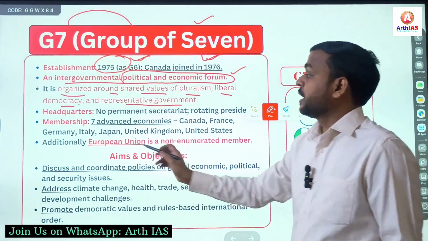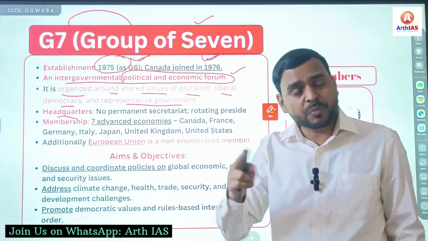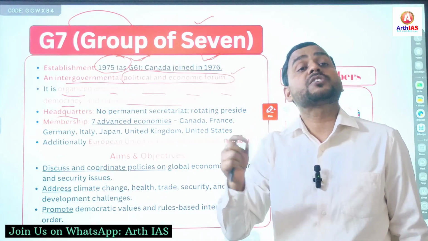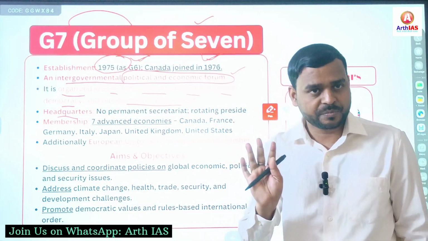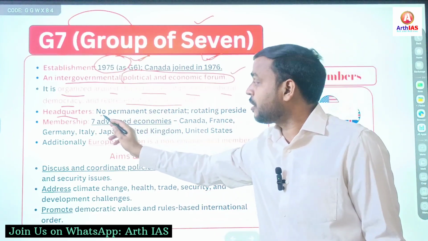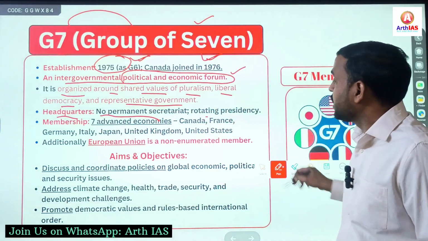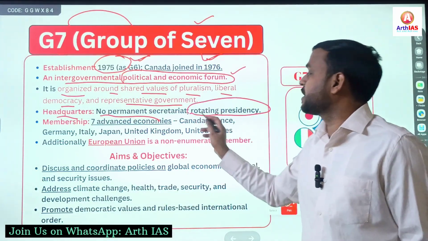Clear? Next, headquarters. As I said, if there is an informal group, there is a high chance that it does not have any secretariat or headquarters, right? So, like I2U2, there is no permanent secretariat of G7, and there is a rotating presidency.